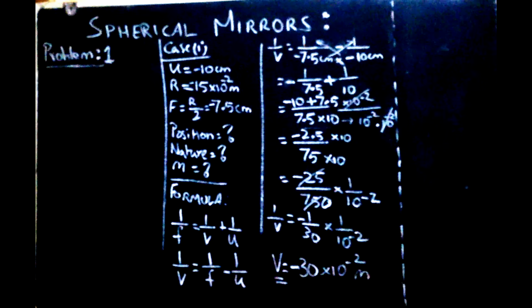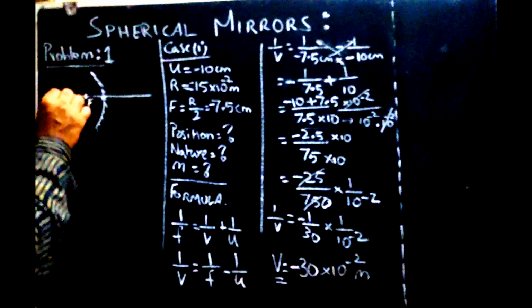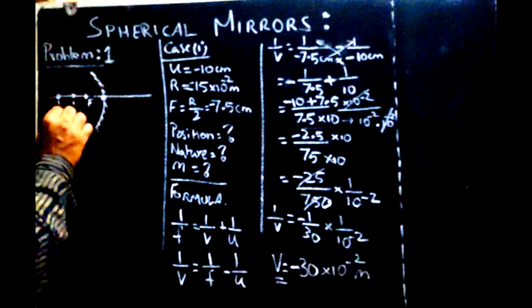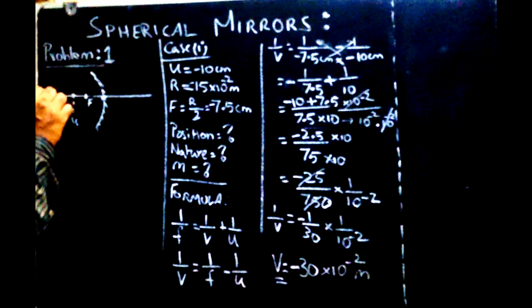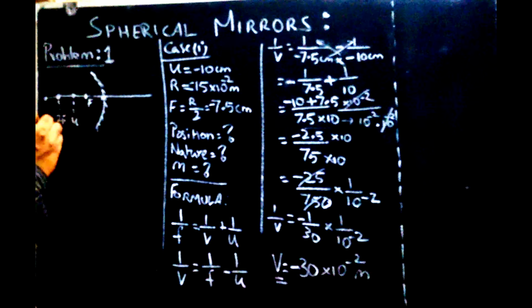Then 2F, that is R is equal to 15 and V is equal to 30. You will see that the image has been formed beyond 2F because U is 10, so it will be an enlarged image. You should be careful when you are drawing it. It is an enlarged image you will be getting.